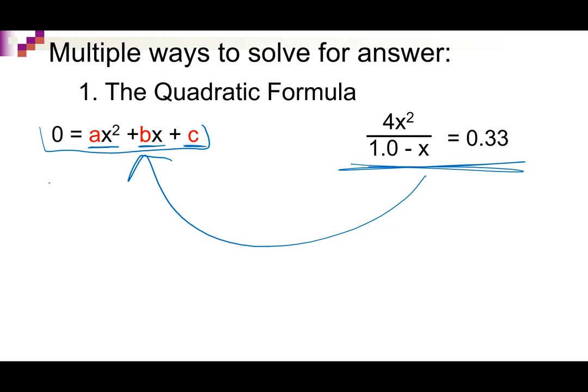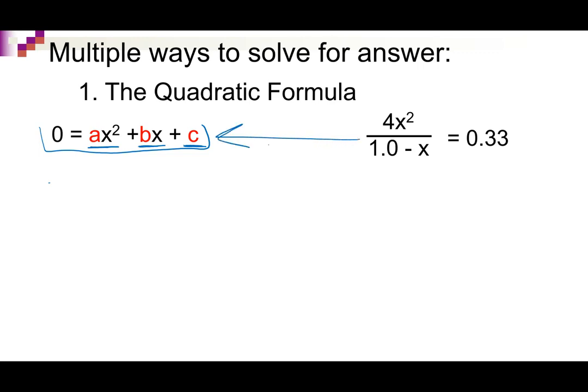And we're going to group all the numbers that don't have x together. And then we'll have an a and a b and a c that we can plug into a quadratic equation finder. Okay?